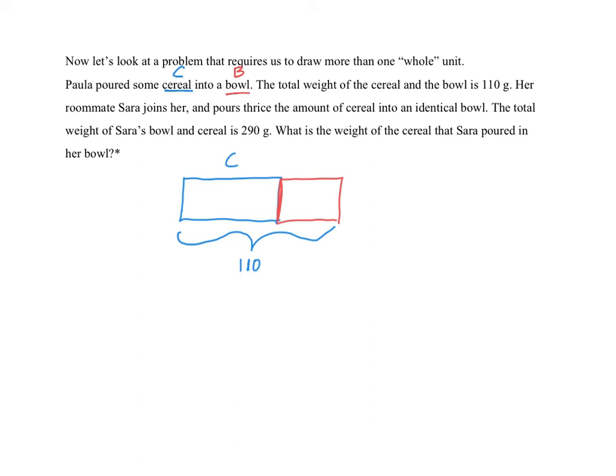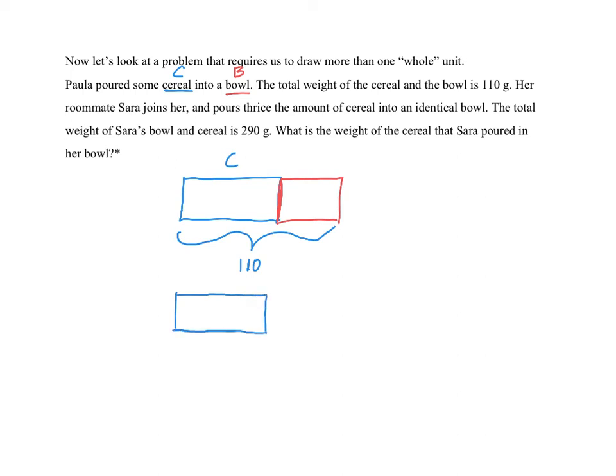Okay, now we get to read forward. So the next sentence says, after the 110 grams, Sarah pours 3 times as much cereal into an identical bowl. So let's draw the picture that represents that. It's 3 times as much, so we'll try to keep this amount here the same.